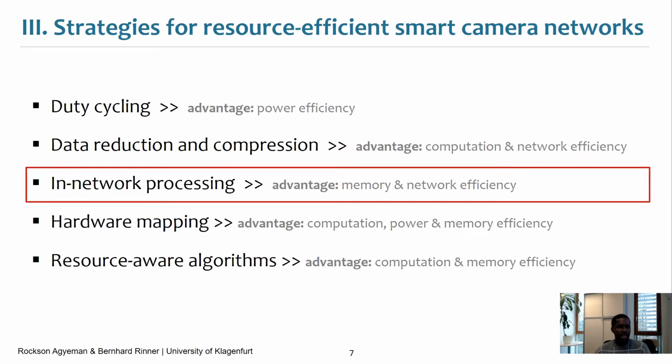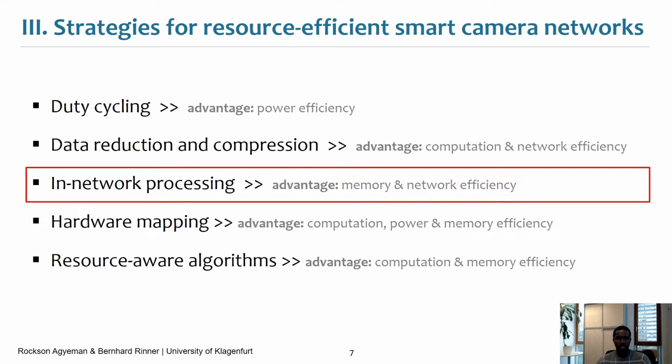Let's now consider in-network processing. In-network processing fosters task decentralization. That is, tasks are processed locally on camera nodes and only abstracted data are transmitted to other nodes in the network. In-network processing, however, reduces data communication at the cost of local data processing.